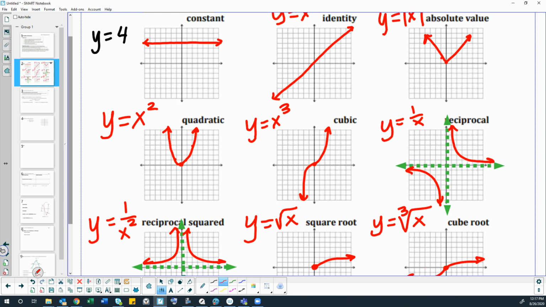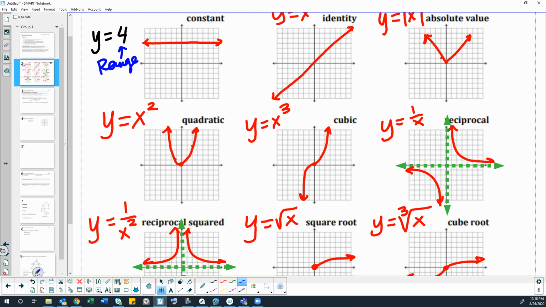It'll take some time. If we need to catch up a little bit on Friday, we will. Okay. So I'm just going to not write down if they're all real numbers. We're just going to say it. So all real numbers. No, wait, it's not. The domain is all real numbers. What's the range? That's the range right there, right? The range is just y equals 4.